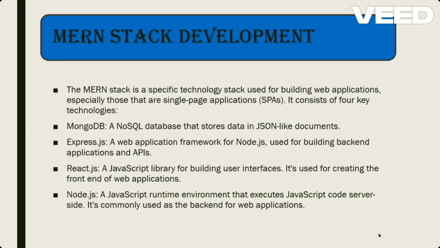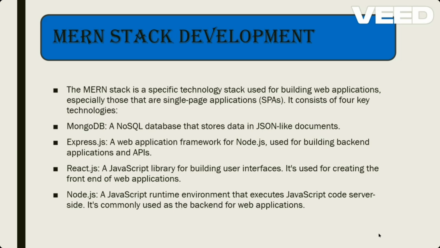MERN stack development is a specific technology stack which is used for developing web applications, especially single page applications. It consists of four technologies: MongoDB, ExpressJS, React.js, and Node.js. MongoDB is a NoSQL database where the data can be stored.